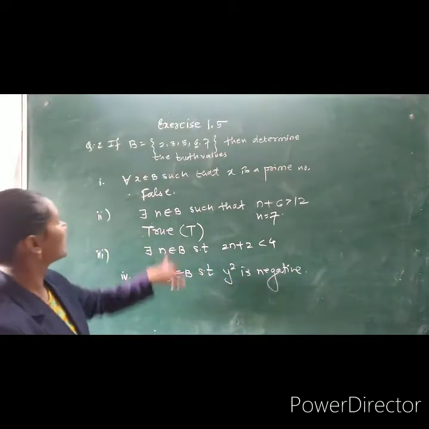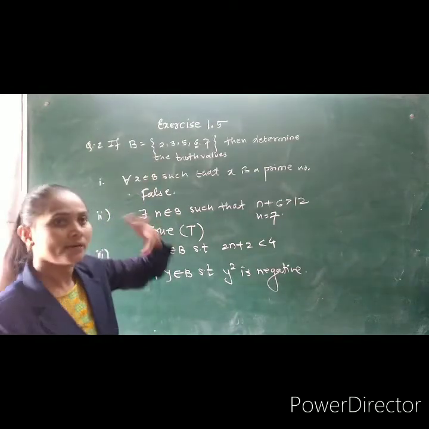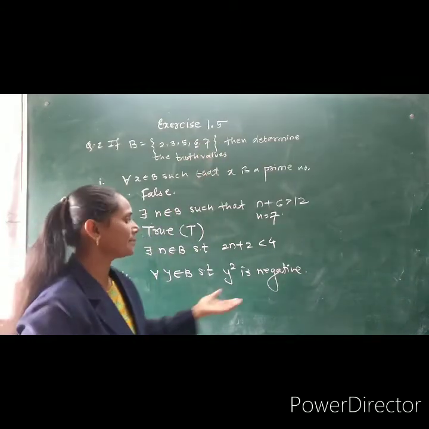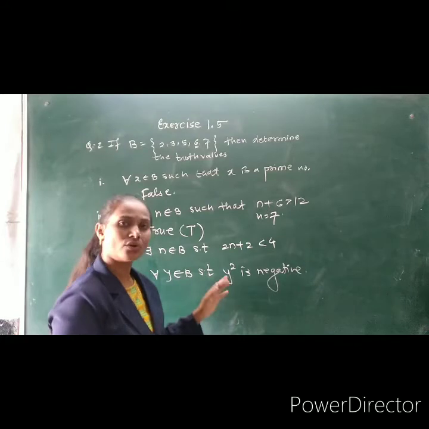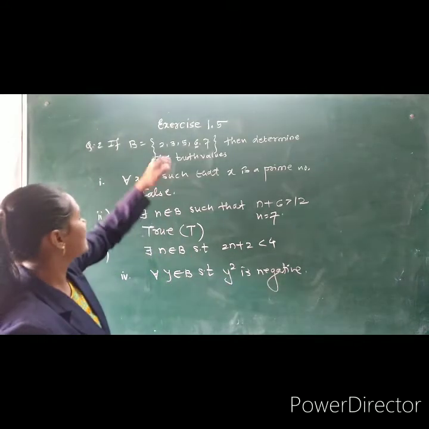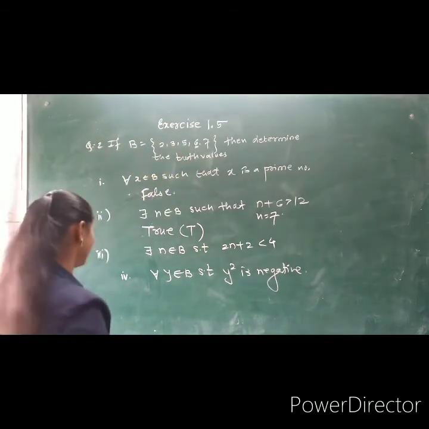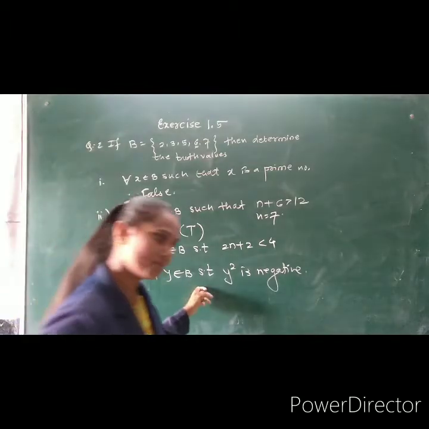That is, the square of every number in the set B is negative. If we consider 2 square, which is 4, 3 square is 9, 7 square is 49. These numbers are all positive, but here it is given that y square is negative. So again the truth value of this statement is false, because in the set B the square of every number is always positive.